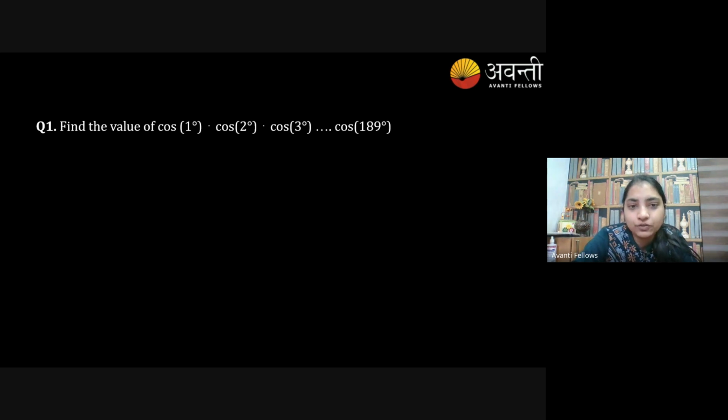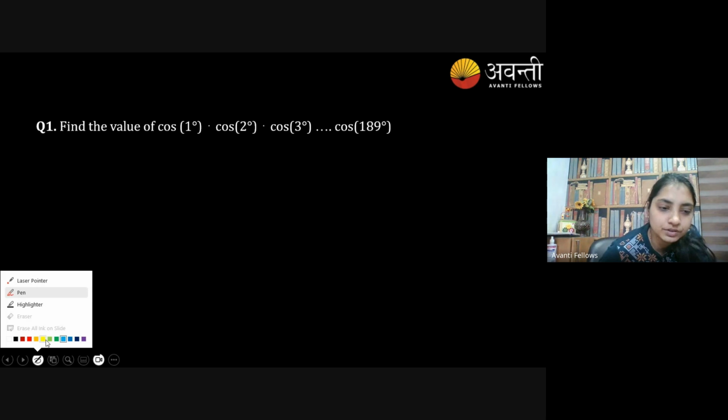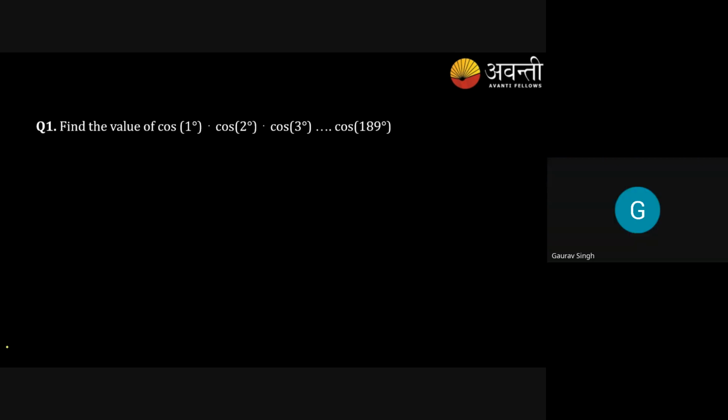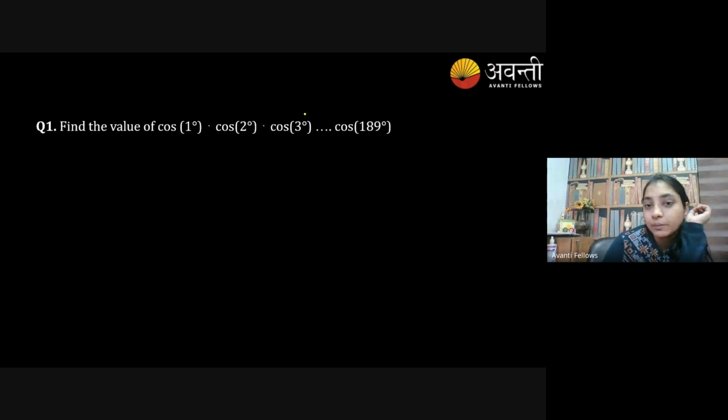So Gaurav, can you explain a little what was the attempt for this question? Ma'am, in the multiplication, cos 90 will also come in between, whose value is zero. If we multiply it, the answer will be zero. That's great, that's quite awesome. So, dear friends, we have to look at the simple thing that in addition to all the values of cos, we have another value that is cos 90.